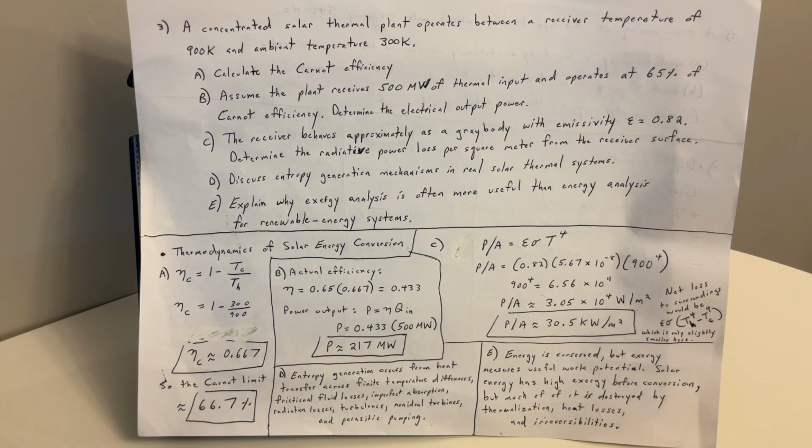Okay, part C, the receiver behaves approximately as a gray body with emissivity equals 0.82. Determine the radiative power loss per square meter from the receiver surface.